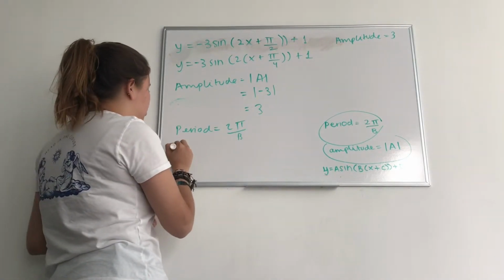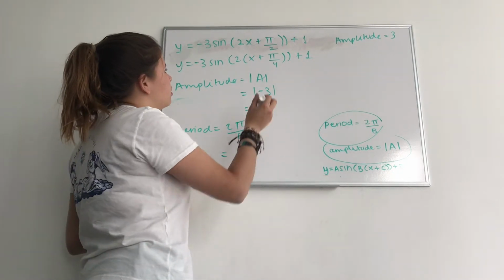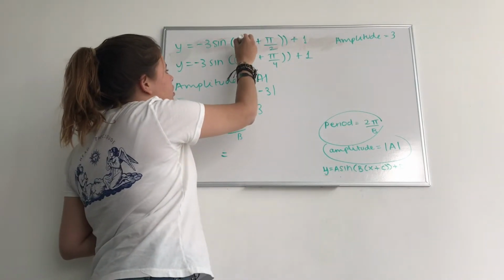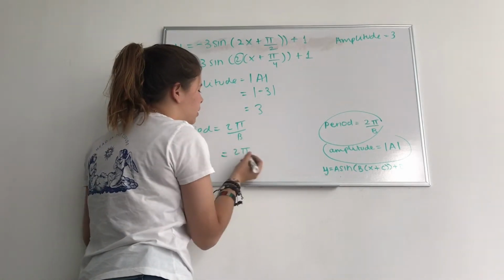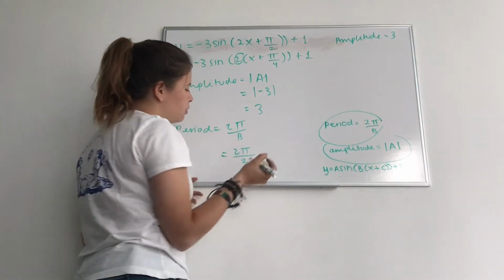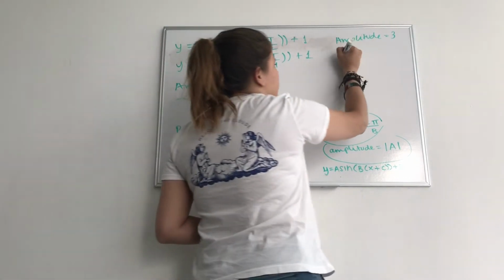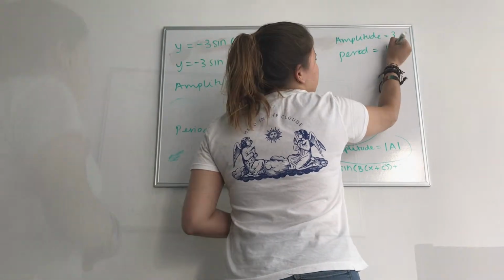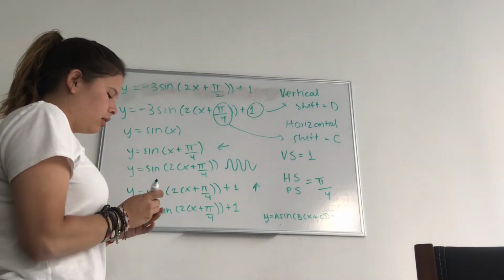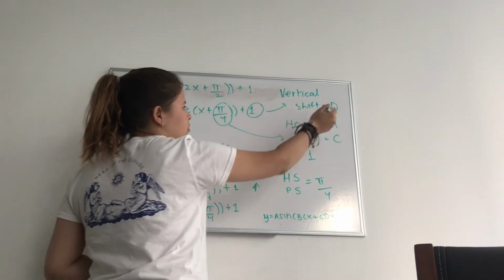The period being this one, the b being this one, we go 2 times pi over 2, we cancel these, and the period will be pi.